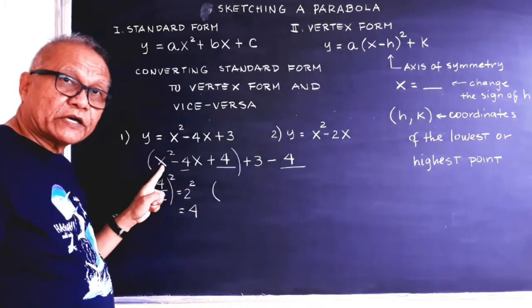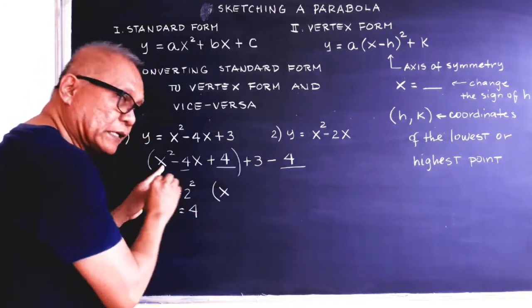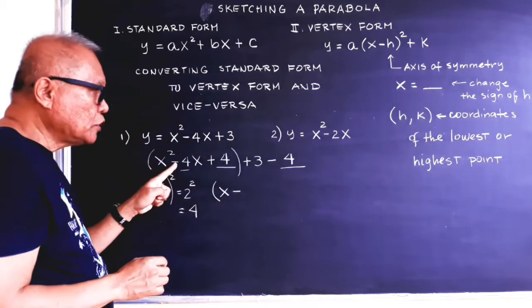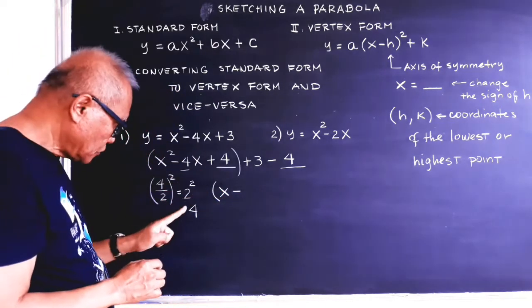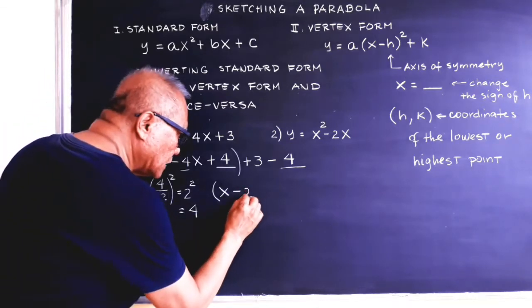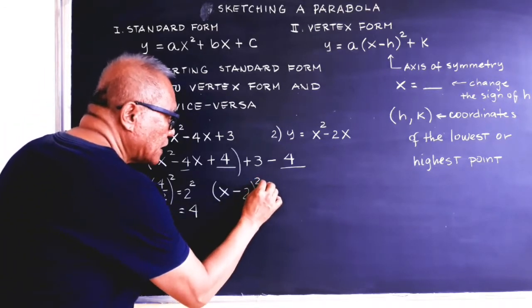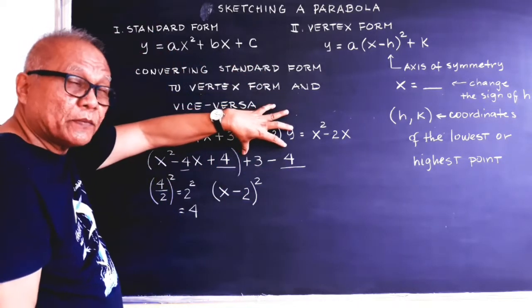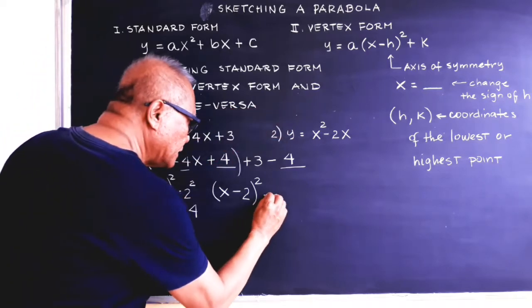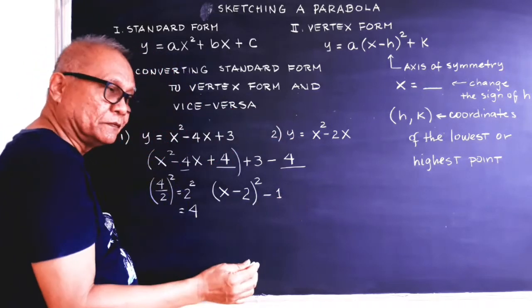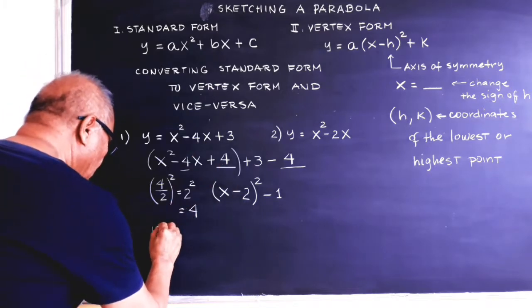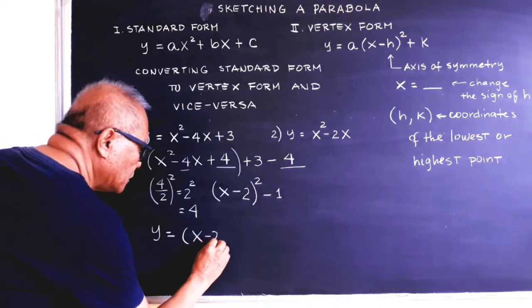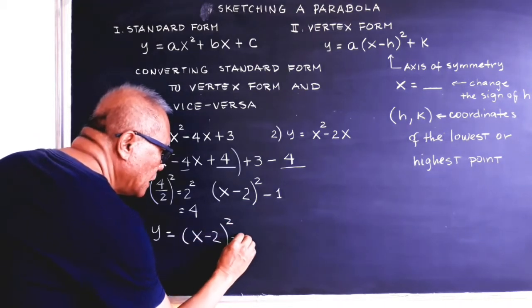The square root of x squared is x, the sign of the middle term is minus, and then the square root of 4, which is this one, and to the second power, and then we subtract this one. 3 minus 4 is negative 1. Therefore, this is our vertex form. x minus 2 squared minus 1.